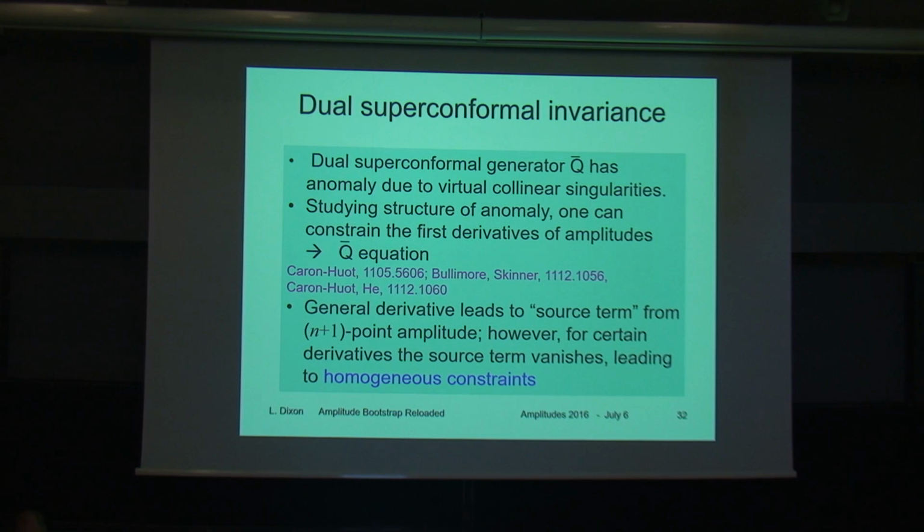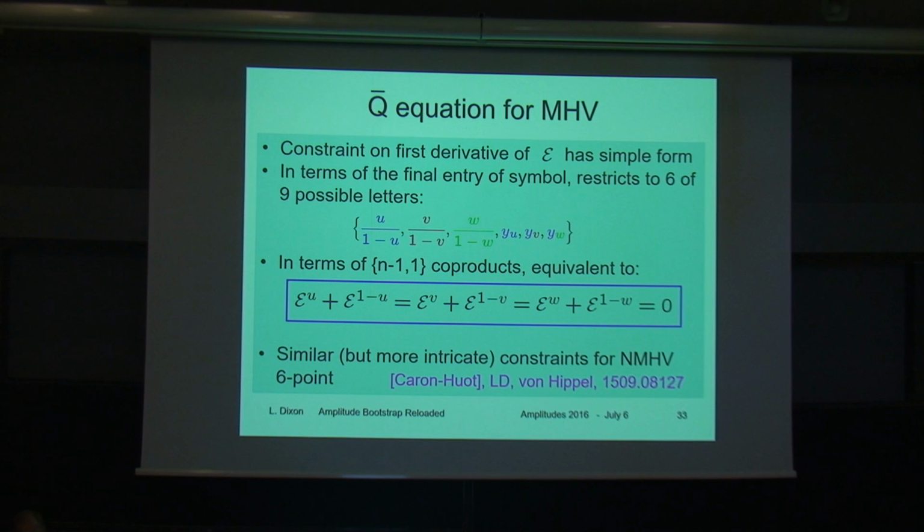What we do instead is we look in directions where the source term vanishes. And then we get homogeneous constraints where we don't need to know anything further about 7-point amplitudes. In the NMHV case, this final entry condition or constraint on the first derivative of E is very simple to state. Instead of there being 9 possible letters, there are only 6 of the 9.